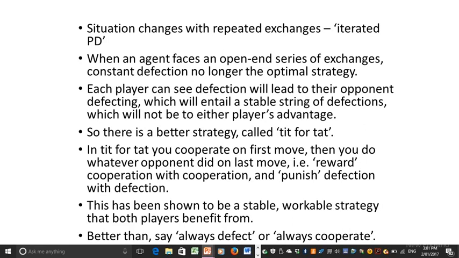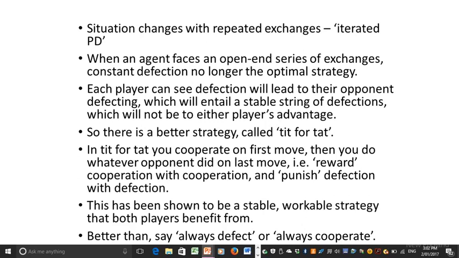The reason being that while there's no way to escape the conclusion in a single one-off game that the rational thing to do is to defect, that's not necessarily the case in an open-ended series of exchanges. That is, just generalizing from the single case and saying it's always rational to defect, that won't be the optimal strategy in an open-ended series of exchanges.